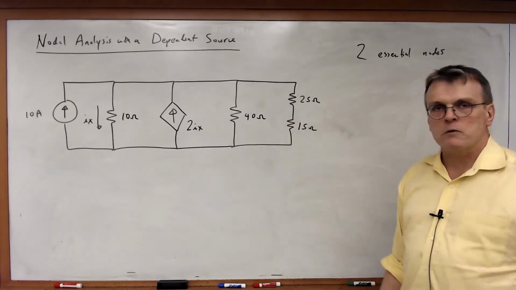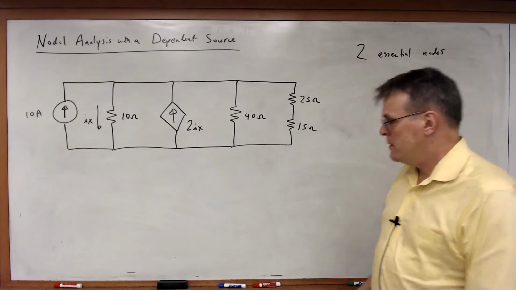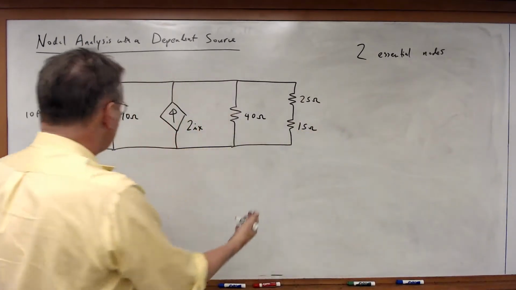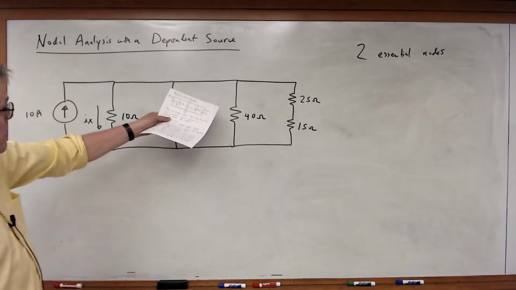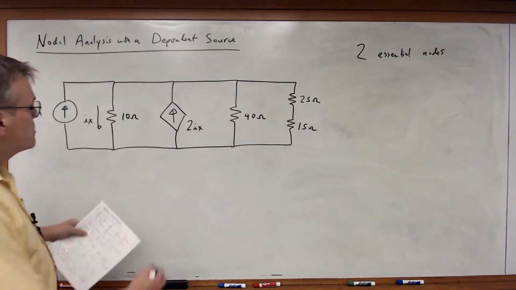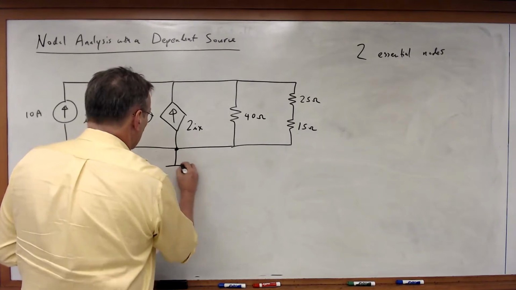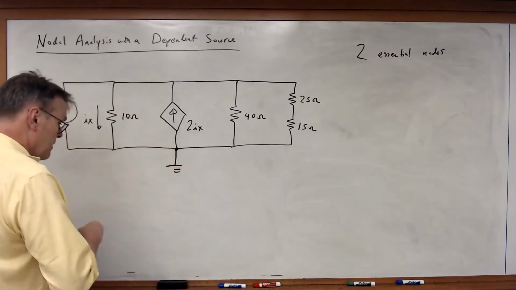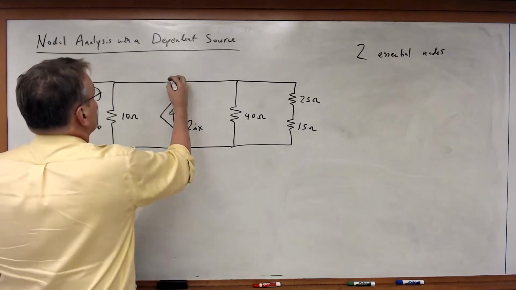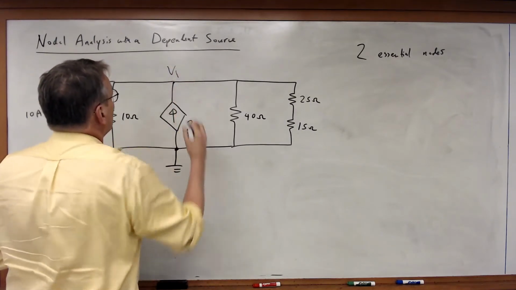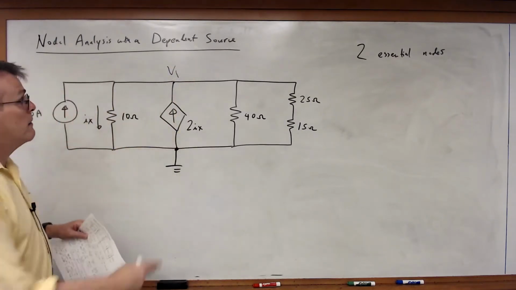Those two resistors are in series. So in this case, I can pick one of these nodes to be ground, and it looks like I've got an equal number of branches for either one, so I'm just going to pick the one on the bottom to be equal to ground. And then I'm going to call this top node voltage V1.